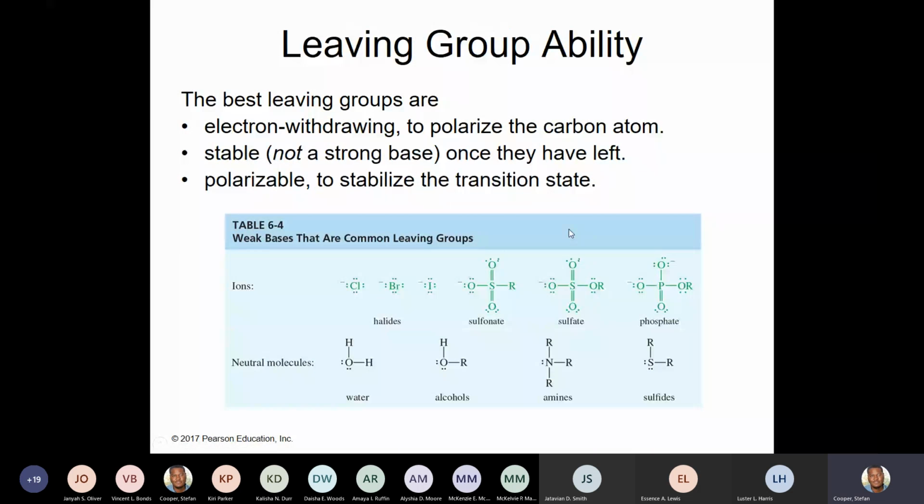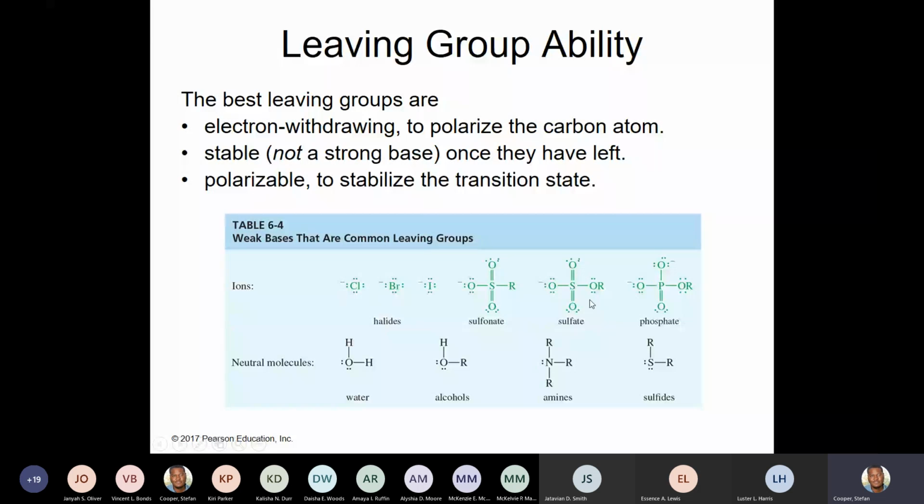All right, let's talk about the leaving group ability. And so we do know that whatever gets kicked off of your alkyl halide is a leaving group. Typically, leaving groups need to have the ability to stabilize a negative charge. So being electronegative or having resonance would really be great for a leaving group.